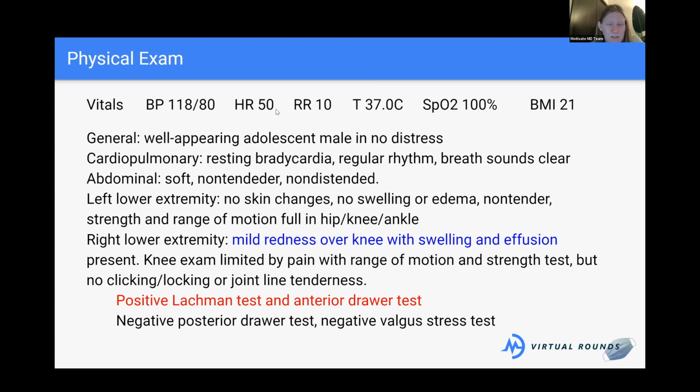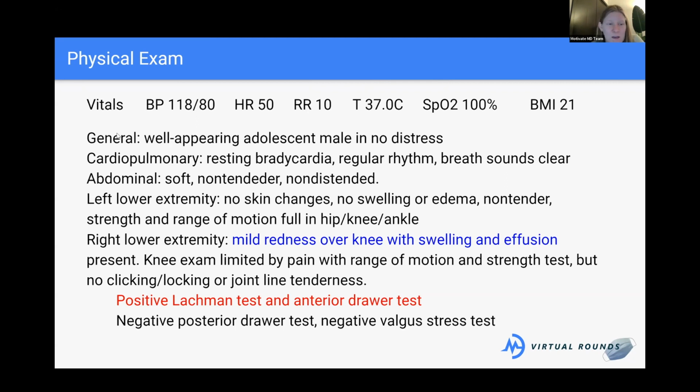So I wouldn't consider this to actually be unhealthy or abnormal. This is just his heart's way of having adapted to being really in shape and not having to work as hard as a typical person. But everything else looks great. His blood pressure is normal, temperature and oxygen and everything is totally within normal limits.